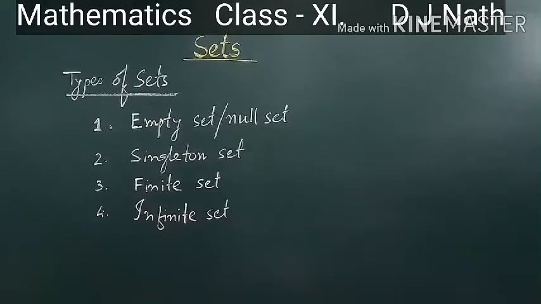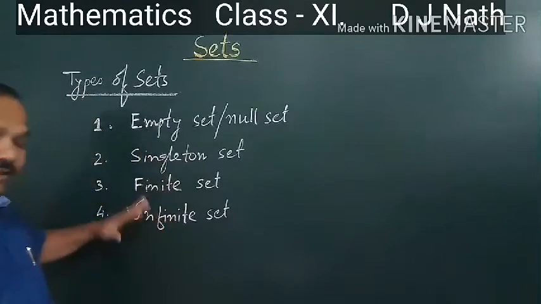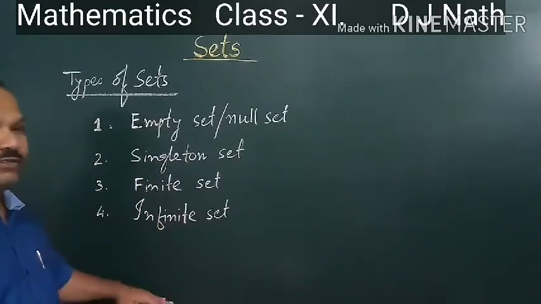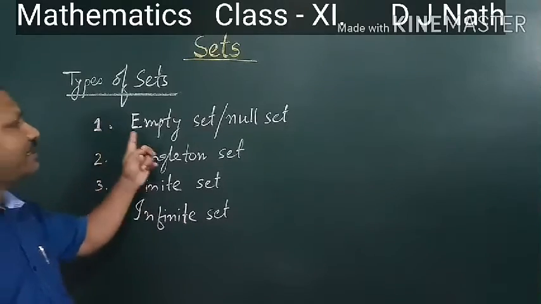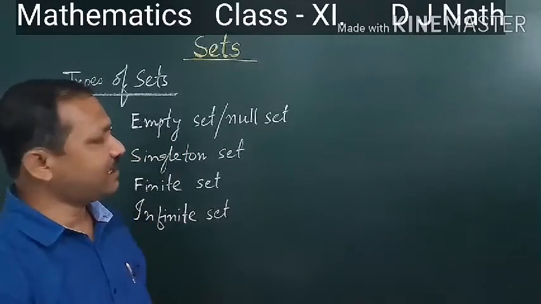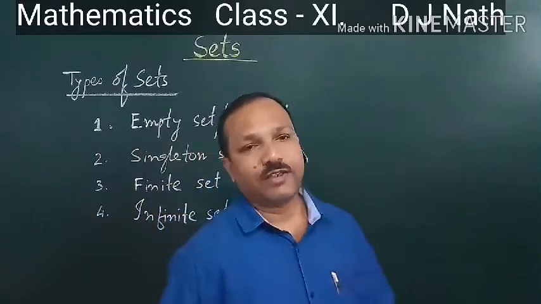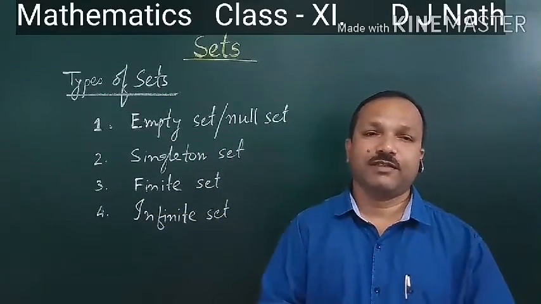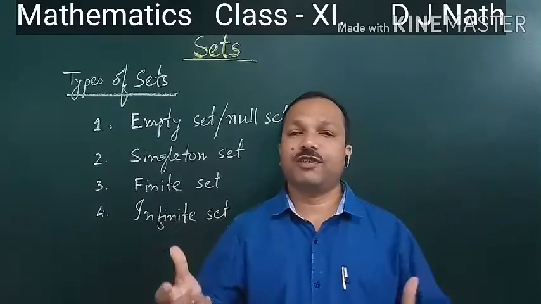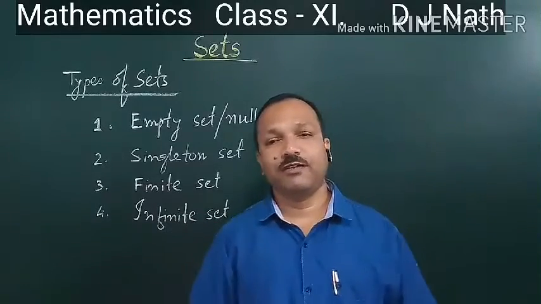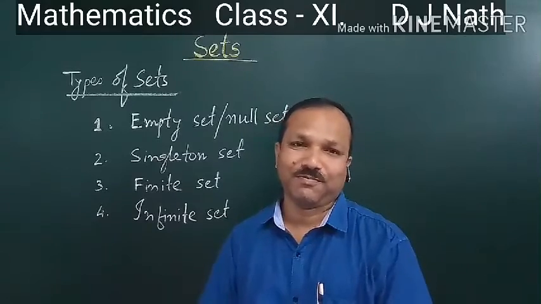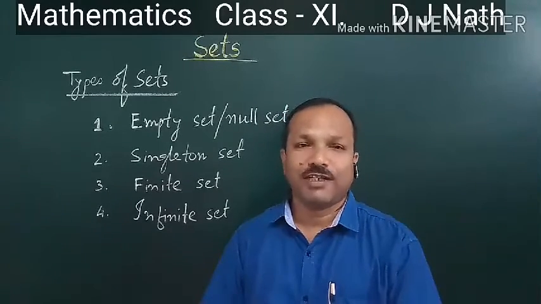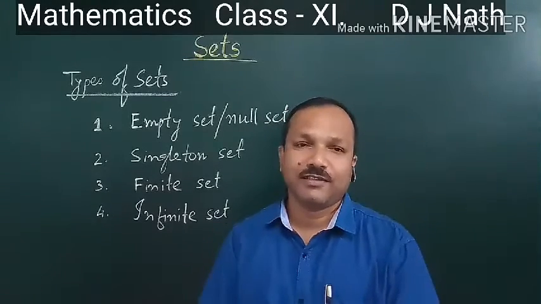For the types of sets, I have written some of the types; some more are also there, which we will get to in the course of time. So what is an empty set or null set? Before that, a question: the set of most beautiful students of the school, can you find a set?